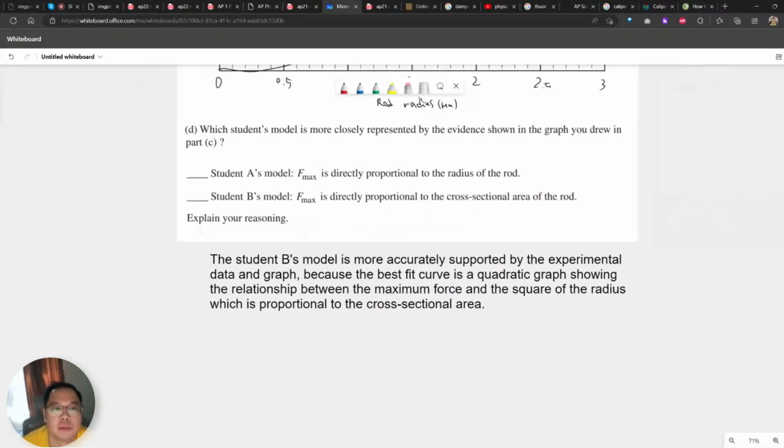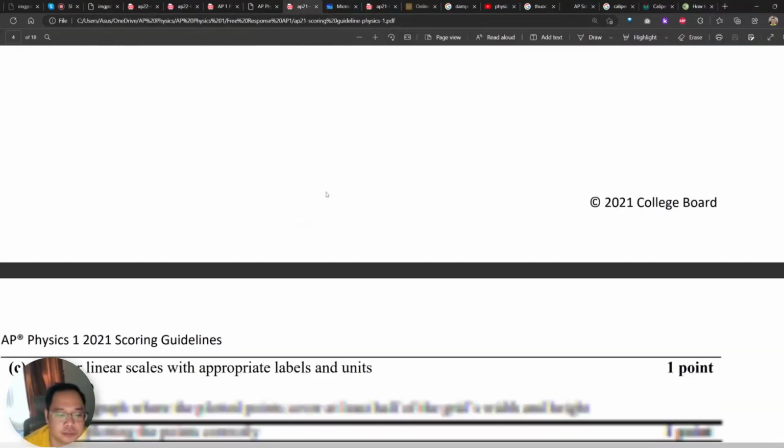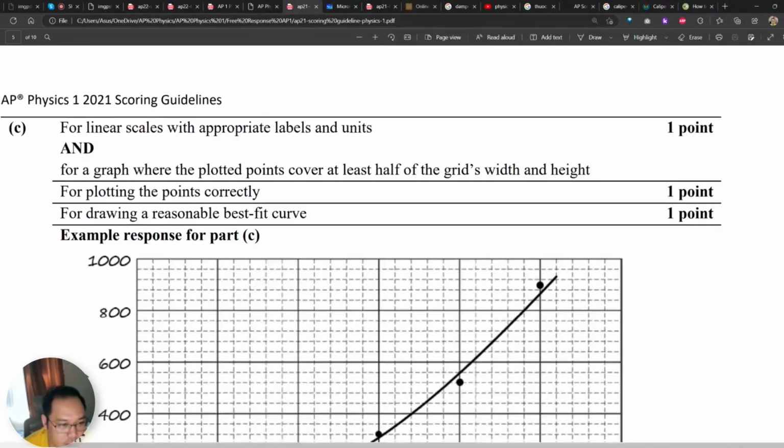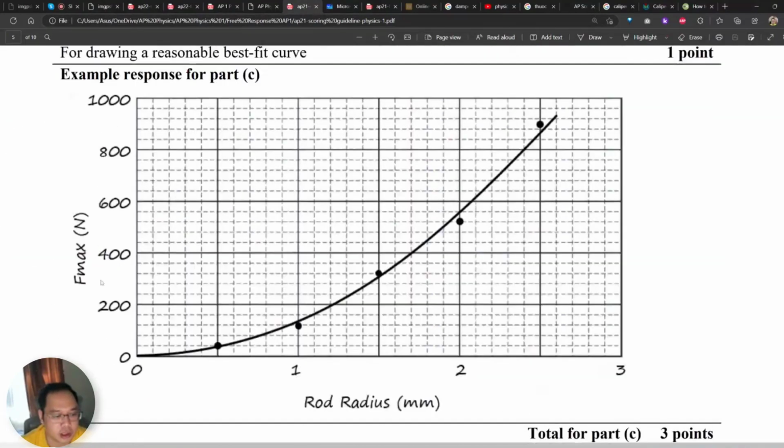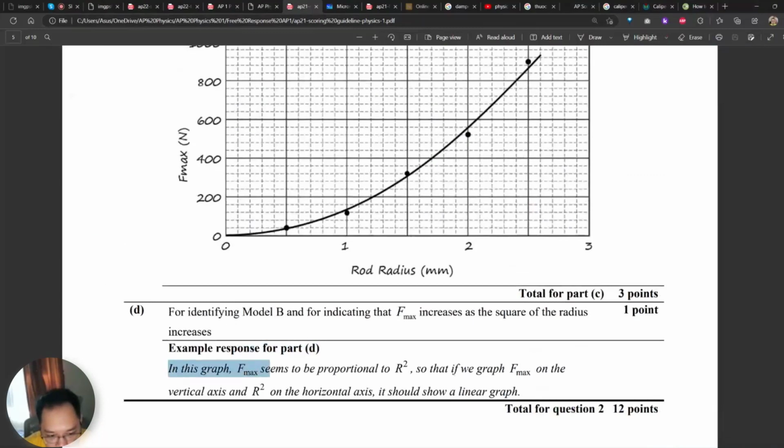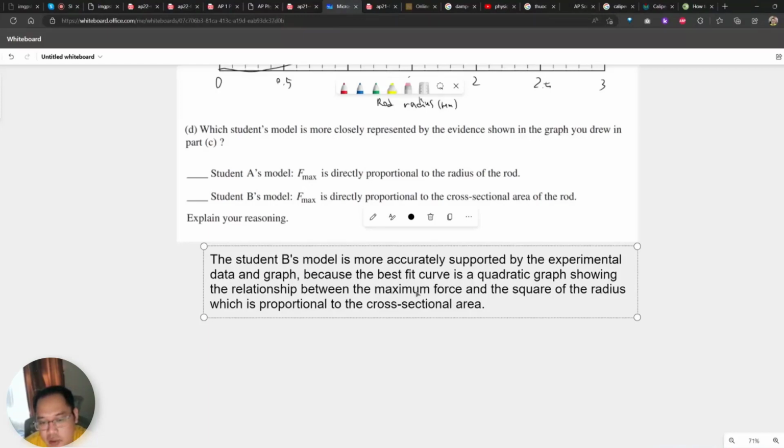Done. Comparing with the example answer here: in the graph, Fmax seems to be proportional to r squared, so if we graph Fmax on the vertical axis and r squared on the horizontal axis, it should show a linear graph. I think this explanation is still acceptable.